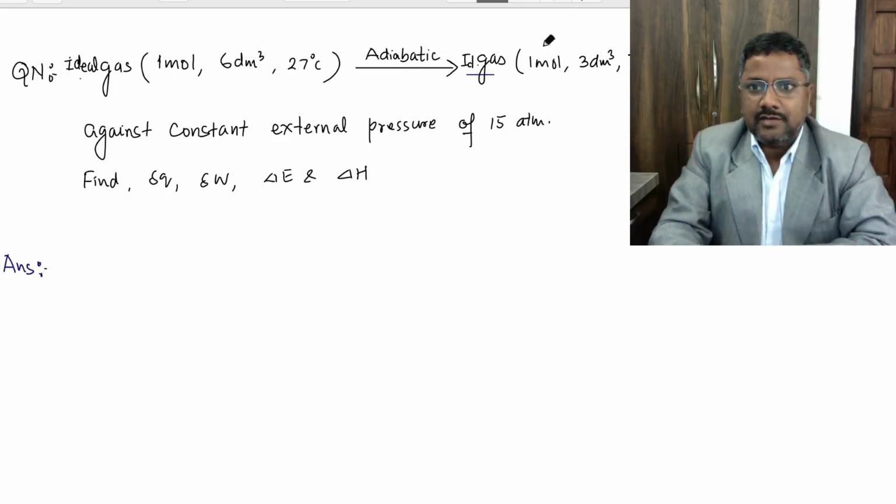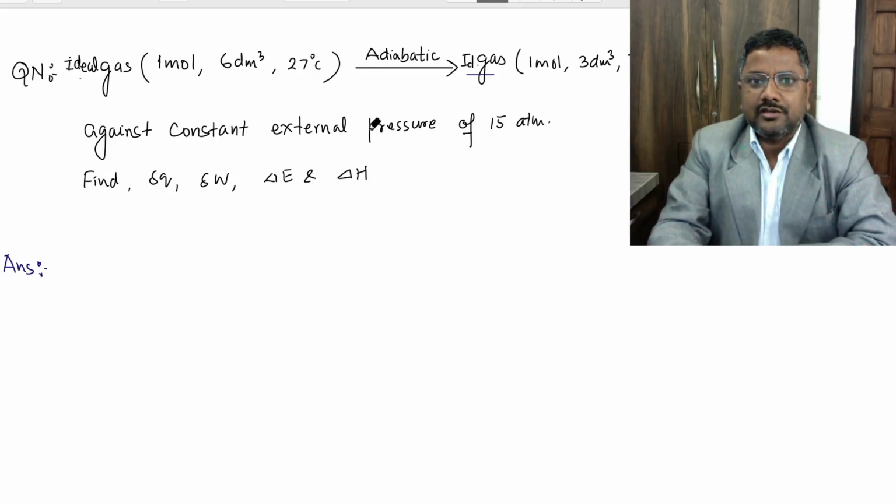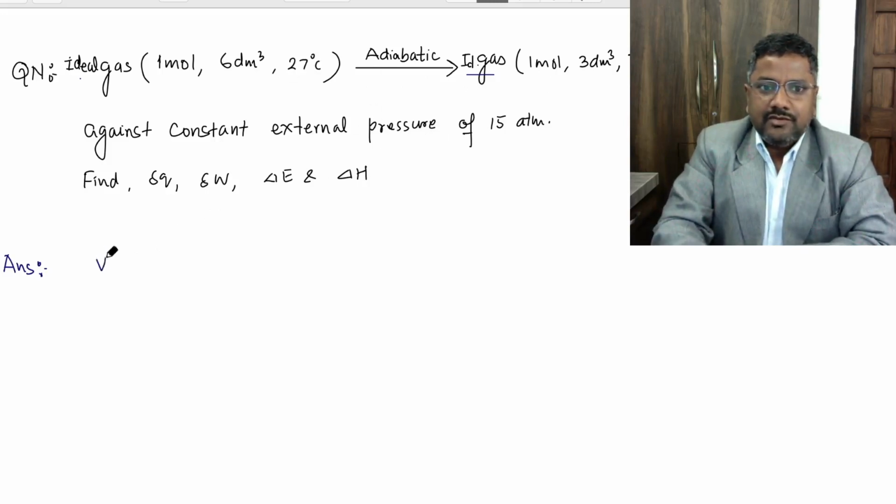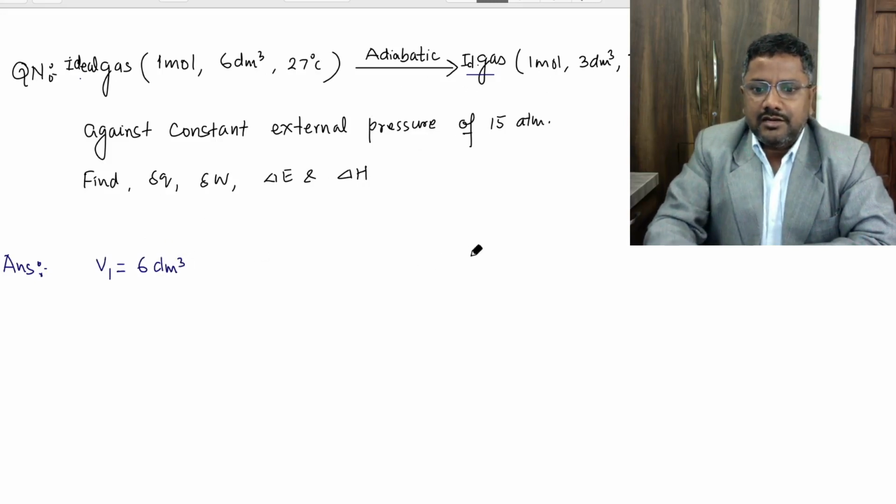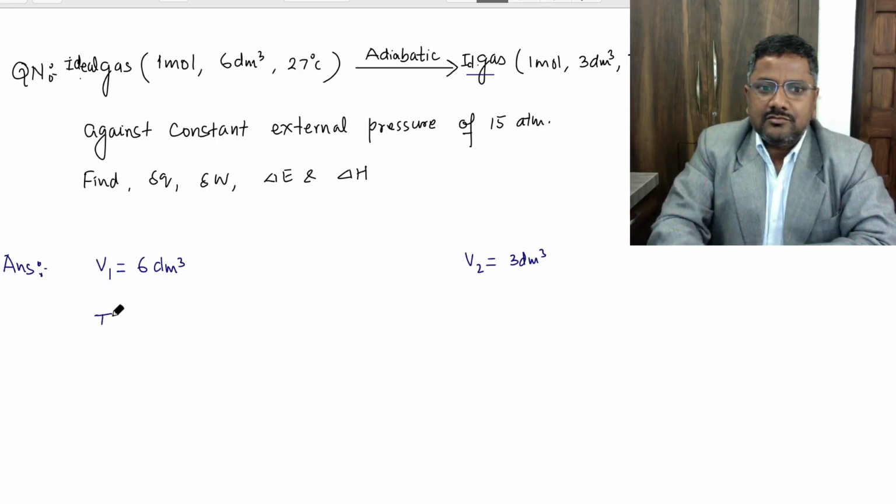So first you have to list what information you have. V1 is equal to 6 dm cube, and V2 is equal to 3 dm cube, right? And 1 mole, T1 is equal to 300 Kelvin, and T2 is not given.